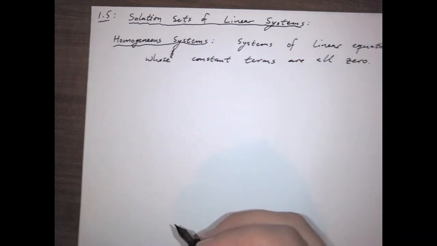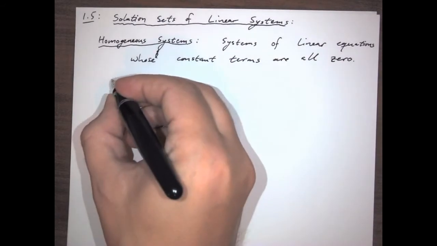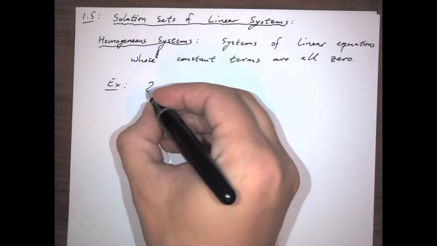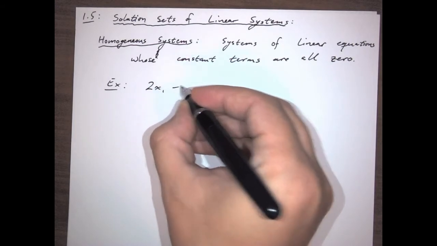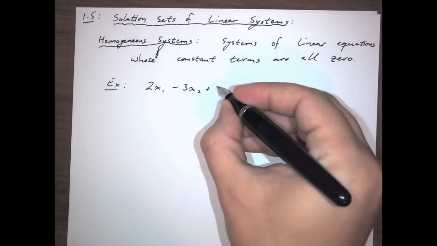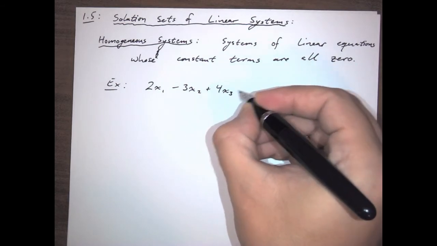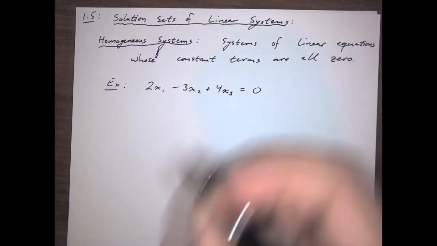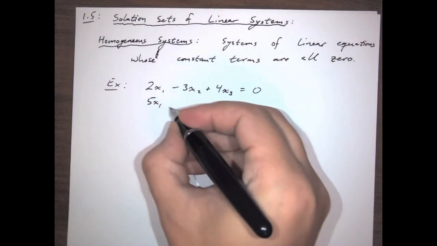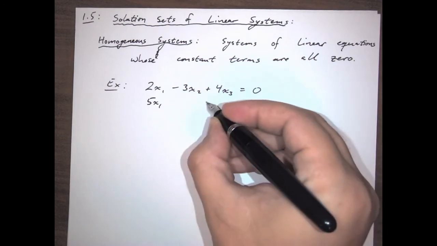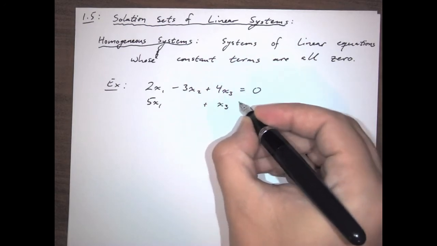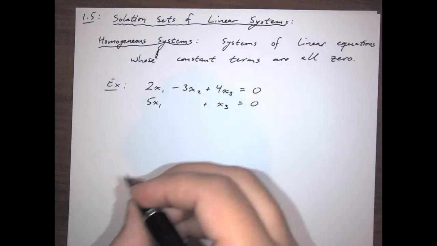So for example, it could be something like this, where we have 2x1 minus 3x2 plus 4x3 equals 0. And then maybe we have 5x1, and then maybe we don't have an x2 term in this particular one, and then it's plus just x3 equals 0.